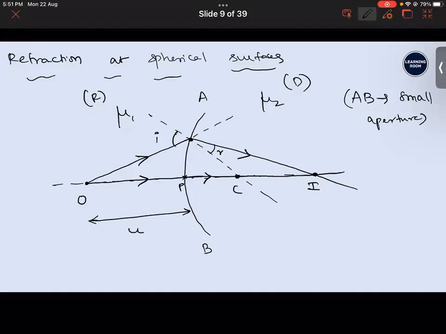This will be the place where the final image is formed. Okay. Now if I take this to be alpha, this to be beta, and this angle to be theta, I need to find the relation between alpha, beta, and theta in terms of I and R. So first I'll apply Snell's law. When I apply Snell's law, I get mu1 into sin I equal to mu2 into sin R. Let this be equation number 1.